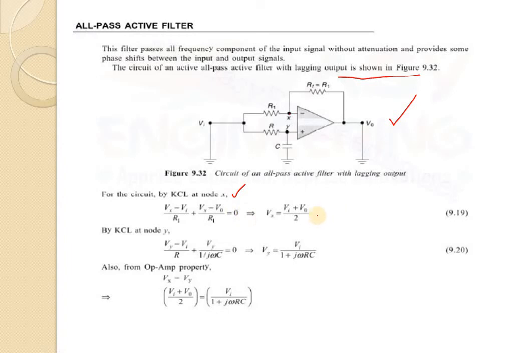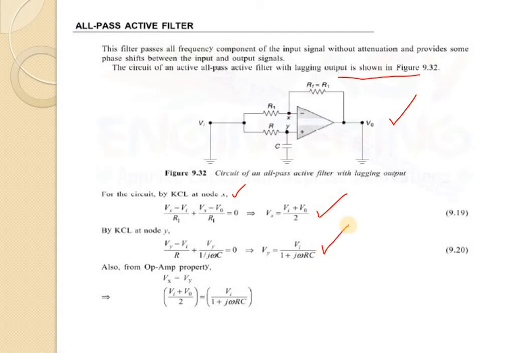From there we can calculate that Vx equals (Vi plus V0) by 2. By KCL at node Y, we can write that (Vy minus Vi) divided by R plus Vy divided by 1 by j omega C equals 0, and Vy equals Vi divided by (1 plus j omega RC).